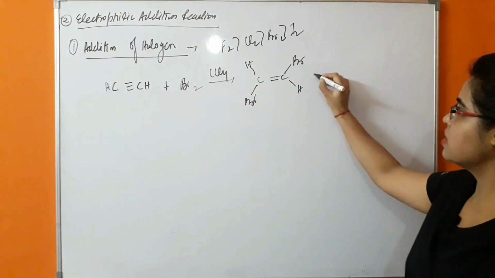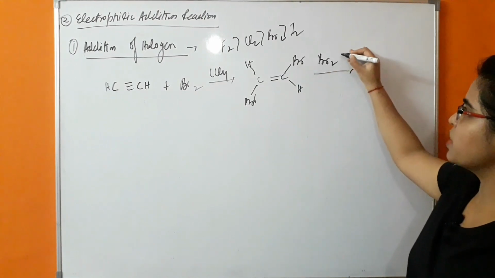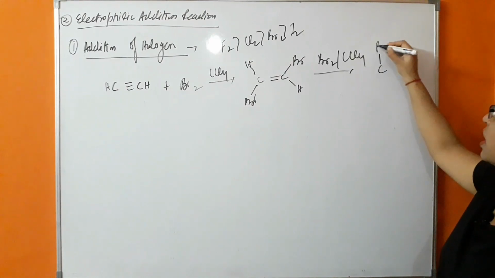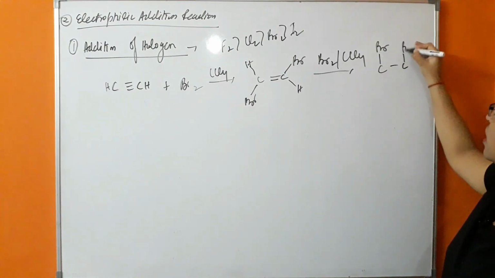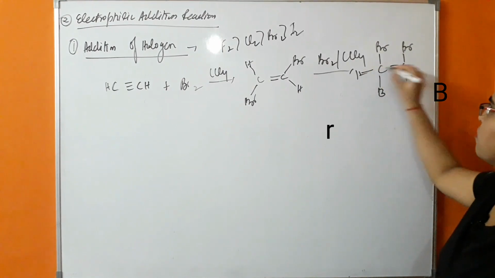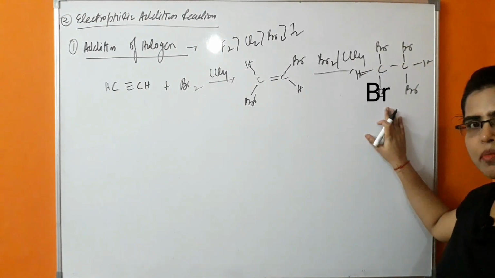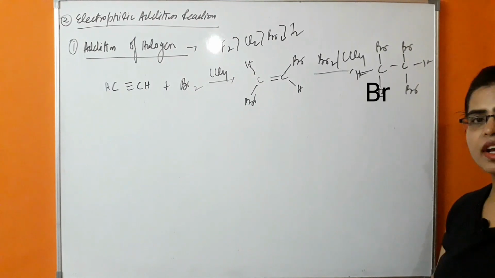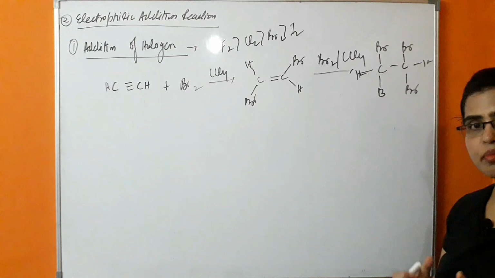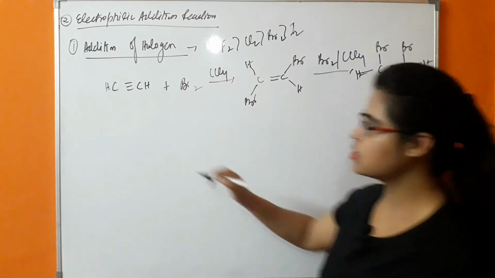So next step, in the presence of Br2 and CCl4, there will be formation of tetrabromo compound. This is the tetrabromo compound which is formed in the electrophilic addition reaction. All the electrophilic addition reactions are taking place in two steps.